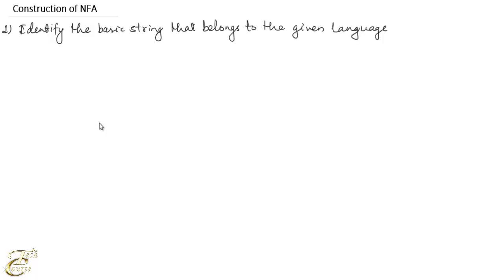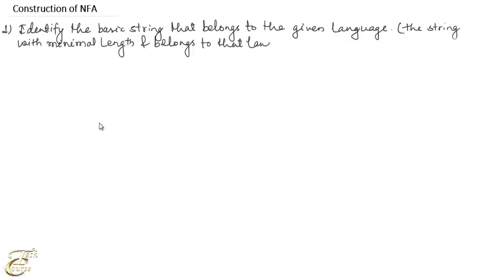First, identify the basic string that belongs to the given language, that is, the string with minimal length that belongs to that language. We will discuss this with an example later on. Point number 2, represent the basic string identified in point number 1 using a state diagram.